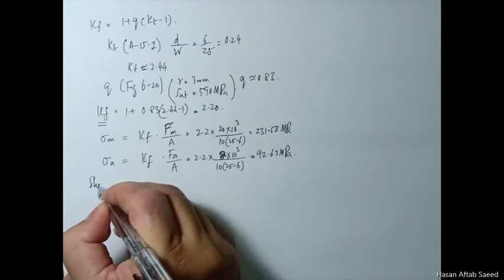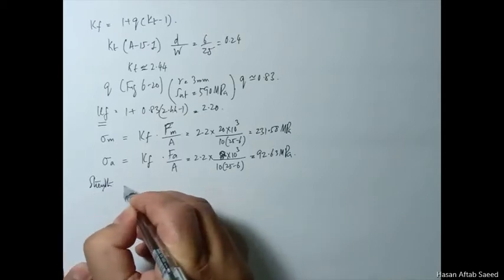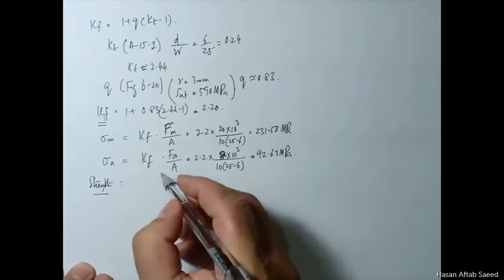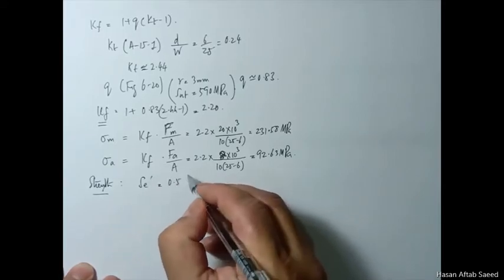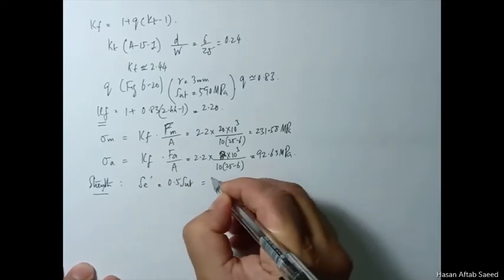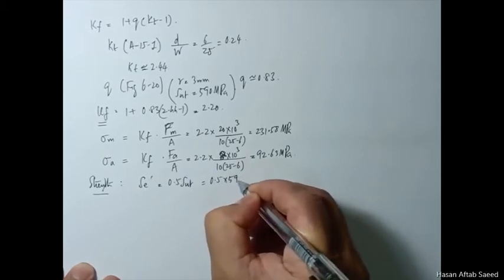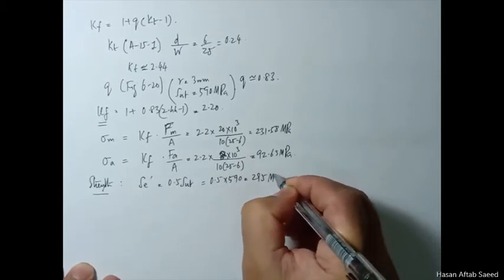When it comes to strength, you know that the endurance limit is simply half of the Sut. So 0.5 into 590, this is 295 MPa.